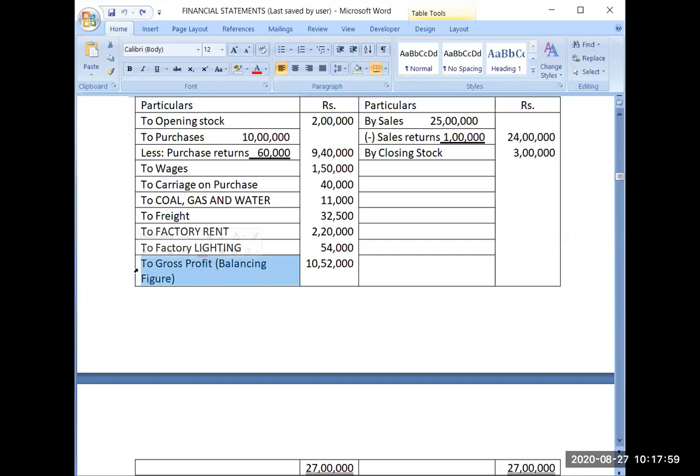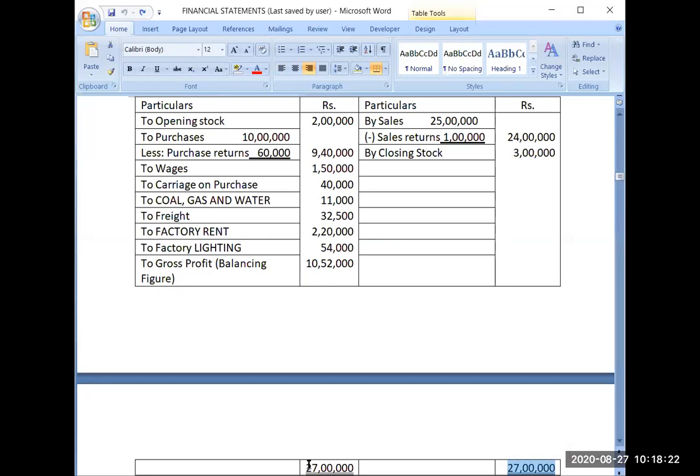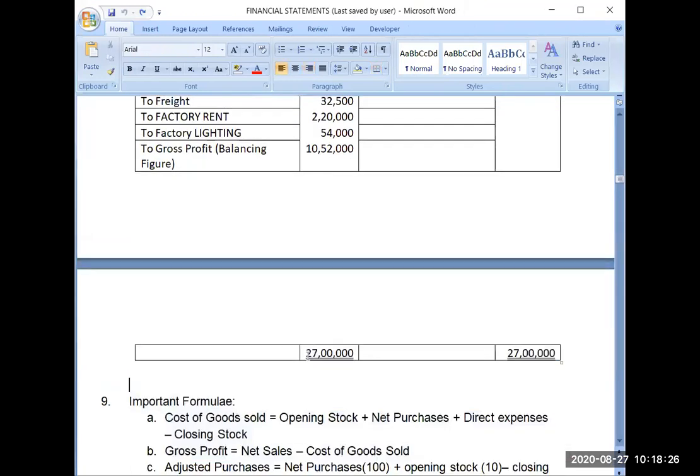Now, listen to me carefully. Gross profit is coming on the debit side. How have I calculated this gross profit? Just think over the process. I am summarizing the process. You first make this total, and this is the credit side. Then you write this total on the debit side.